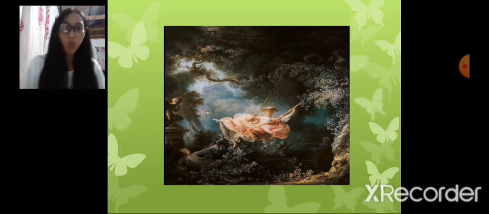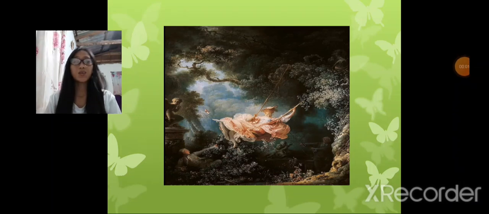So, one of the examples in Rococo is The Swing. As you can see in this painting, there is a woman on the swing. There is a young man here watching her without her knowledge. This woman was pushed by an old man.